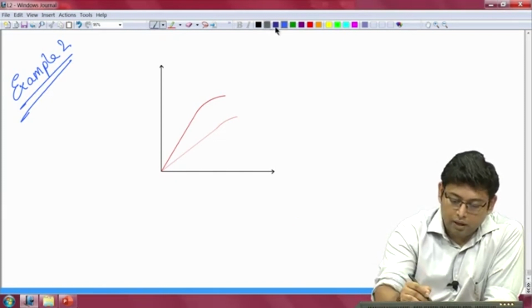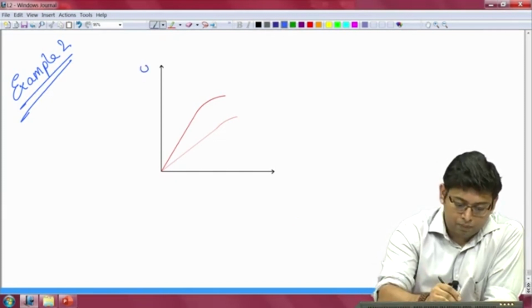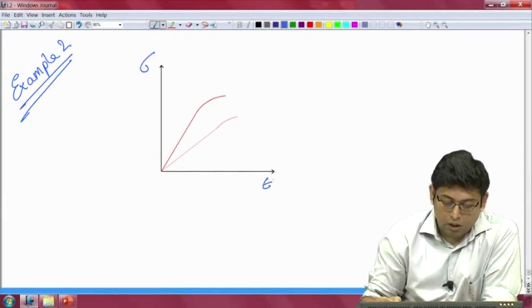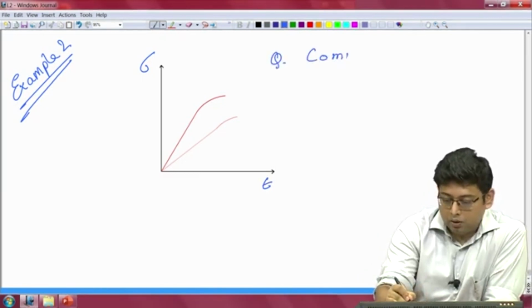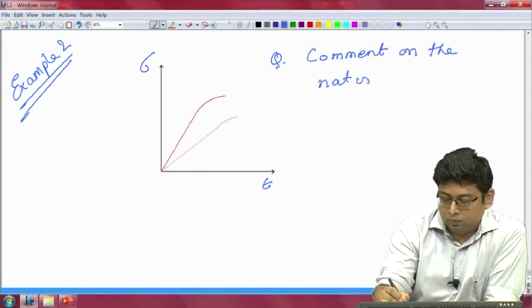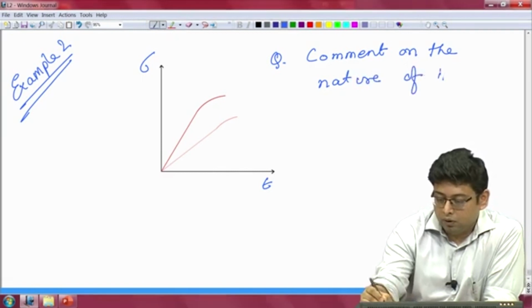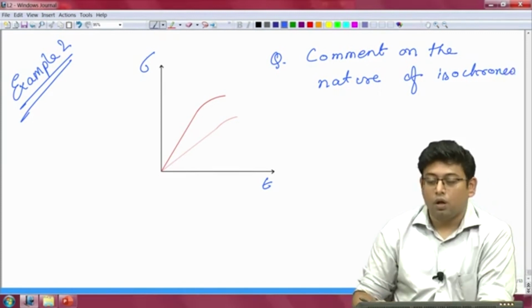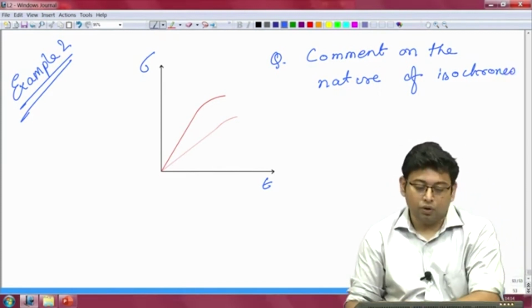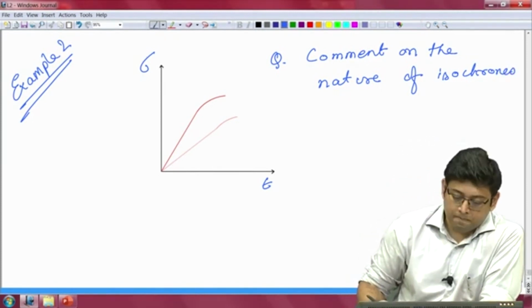So, what we have here is an isochrone, and the question is: comment on the nature of the isochrones. Maybe this is a creep isochrone, I have not specified that.